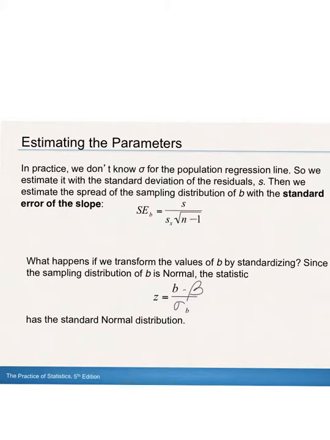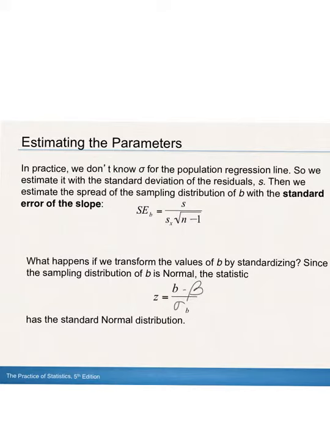As usual, we don't normally know the population standard deviation, so we estimate it with the standard deviation of the residuals S, which you're always going to see on those Minitab displays. Then we can estimate the spread of the sampling distribution with the standard error of the slope.